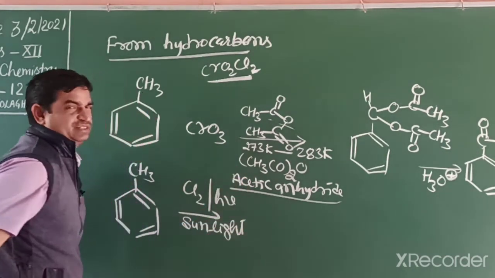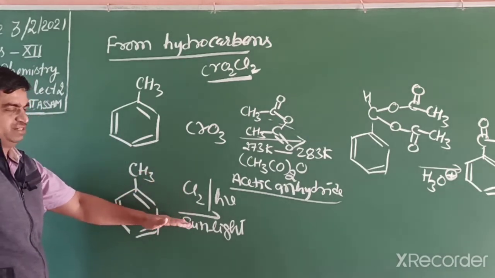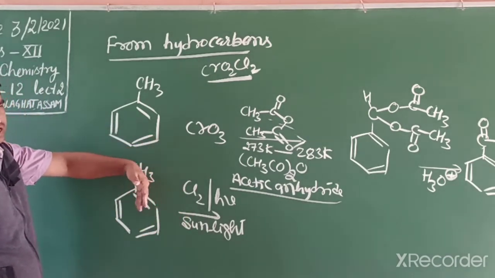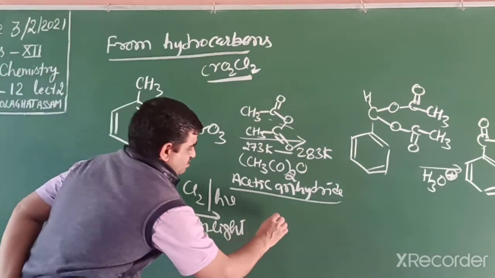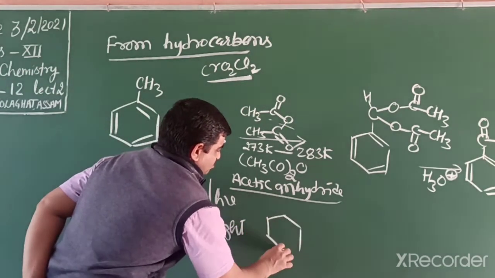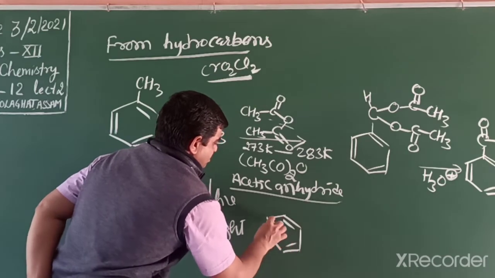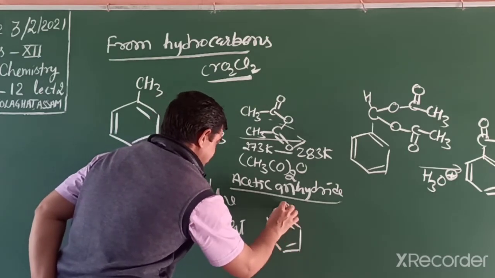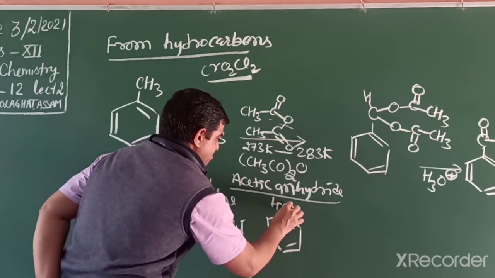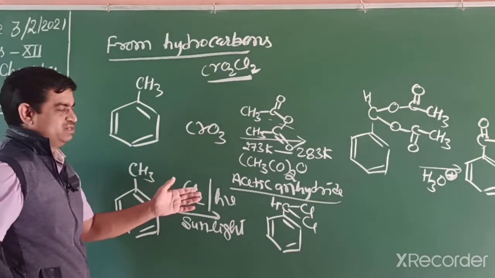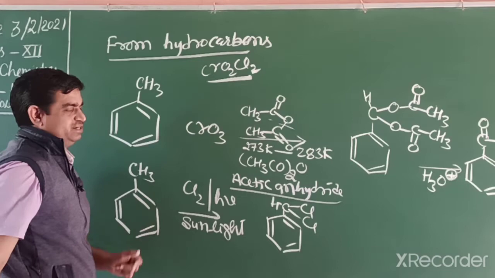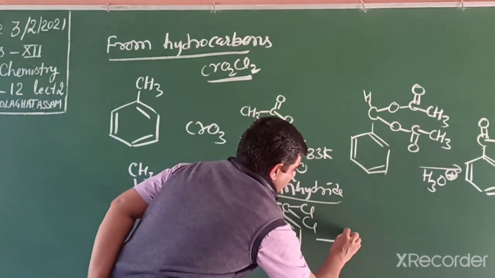We know this reaction is a free radical halogenation. In sunlight, the aliphatic hydrogen is removed by the chlorine atom, so this compound converts like this, because of controlled chlorination, free radical halogenation.